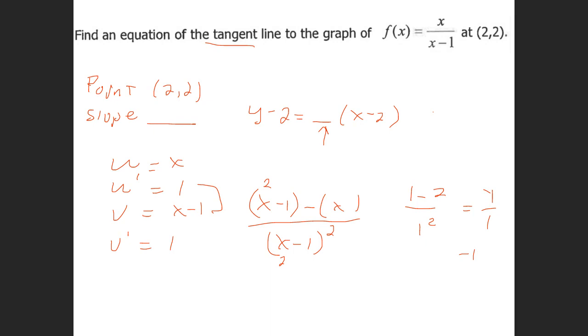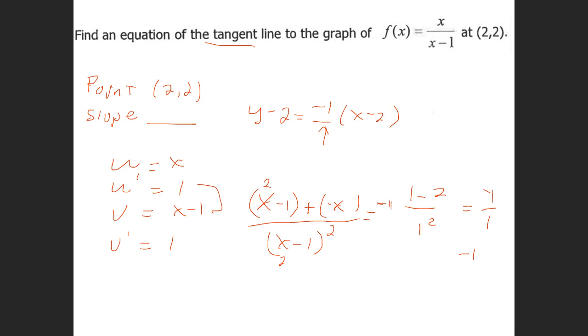So do you agree with -1? I'm just doing this one really quick. You cancel out the x's in the numerator. I think you could do that. When you think about it, you've got x minus 1 minus x, so those x's do cross off, and you're left with -1 on top.